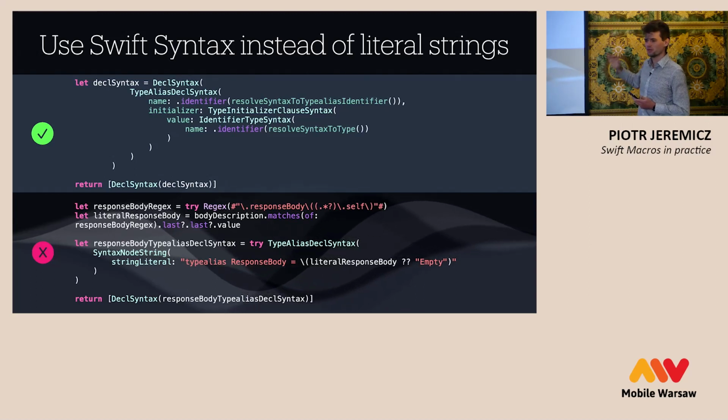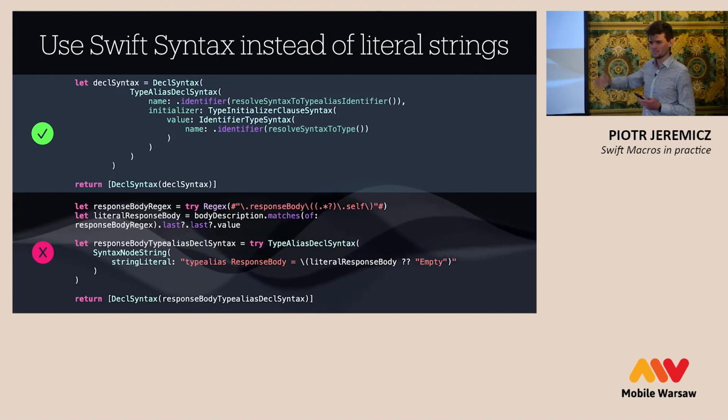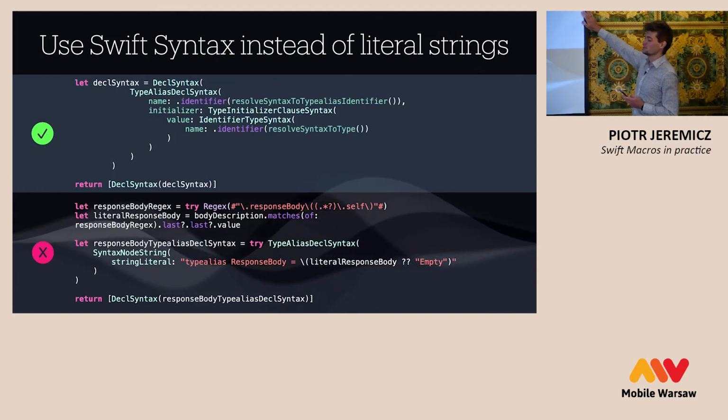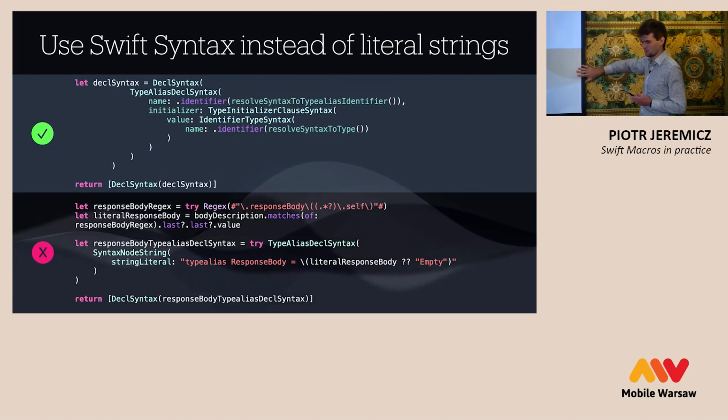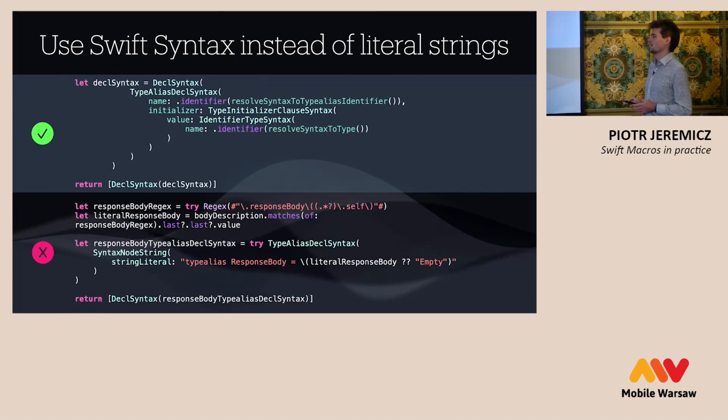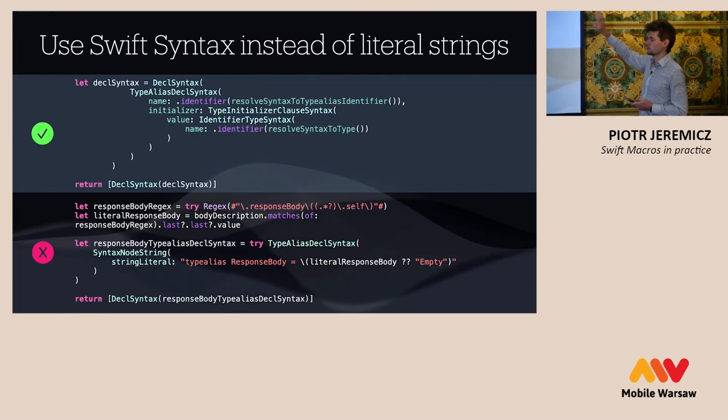So, of course, we are in test-driven development, we are learning from our mistakes, and we are trying to make our code better. So, with time, in the 1.0 version of Swifty networking, you will see this, not this, I swear. But it's really important when you are working with types that should be declared strongly.